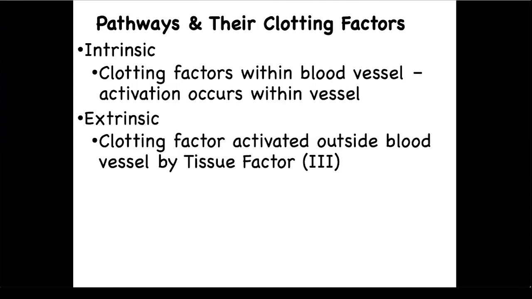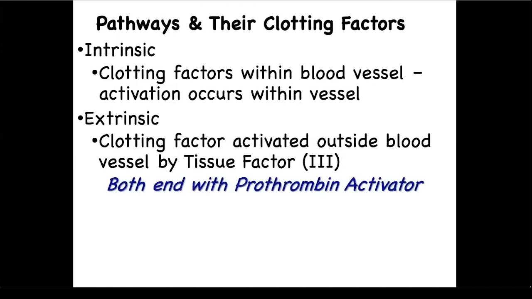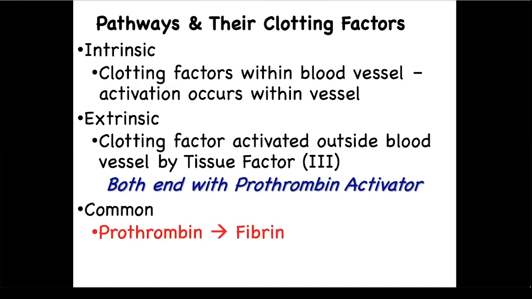Typically what happens is that both the intrinsic and the extrinsic pathways will occur at the same time. Both pathways are going to end with a chemical called prothrombin activator. The common pathway involves converting prothrombin into thrombin, which then will convert fibrinogen into fibrin. And we'll look at all of these steps.